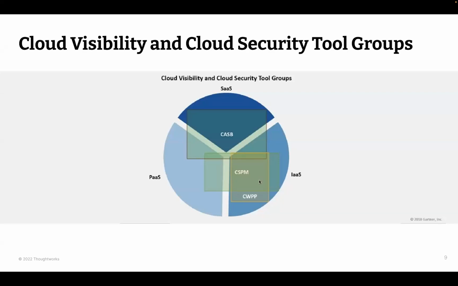The CWPP is mainly for workloads like containers, Kubernetes, virtual machines, and physical machines. And the CSPM basically covers PaaS and IaaS services as well as SaaS, and it continuously monitors all the resources.